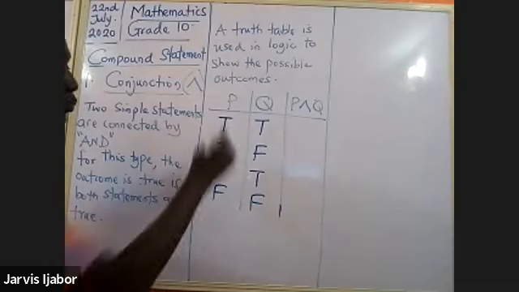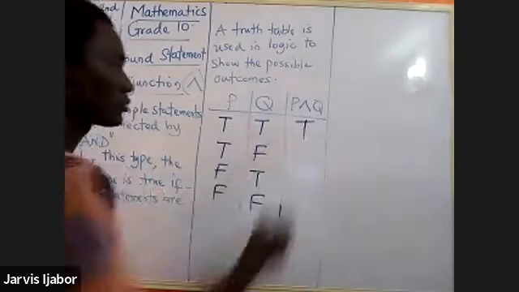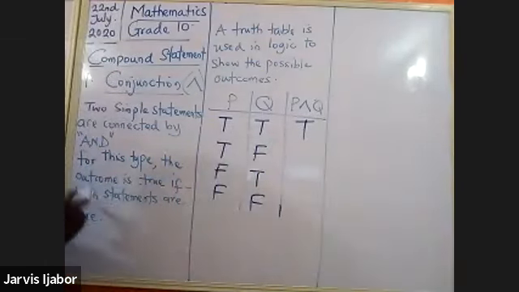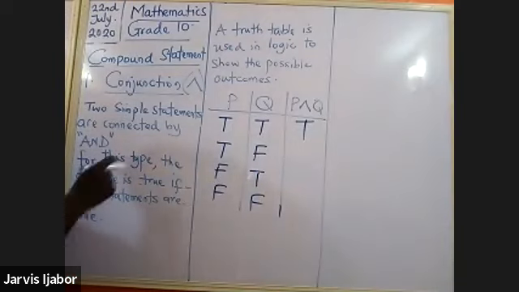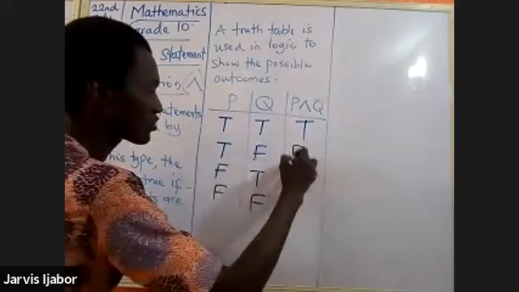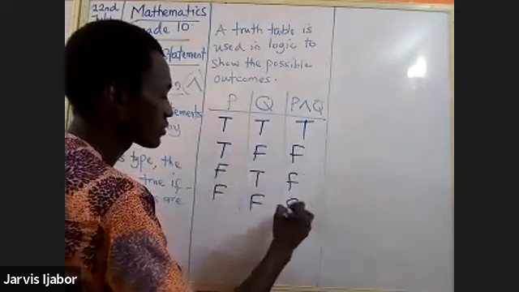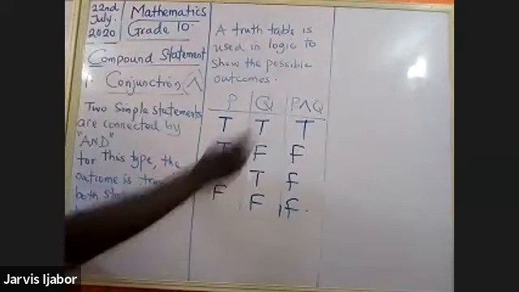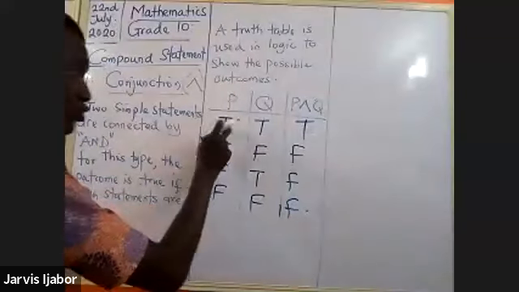Those are the possible outcomes. If both of them are true, this will be true. Remember we said the only way this can occur is if we have what? Both of them true. So for all the remaining ones, it will be false. The outcome can only be true if this is true and this is true.